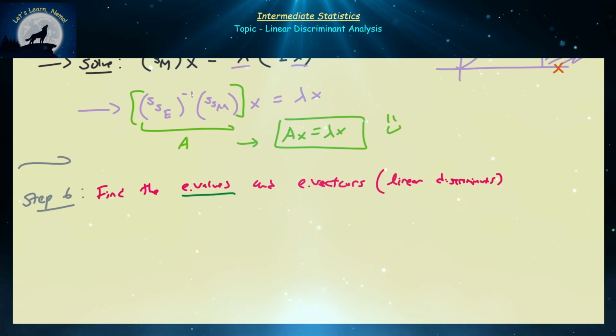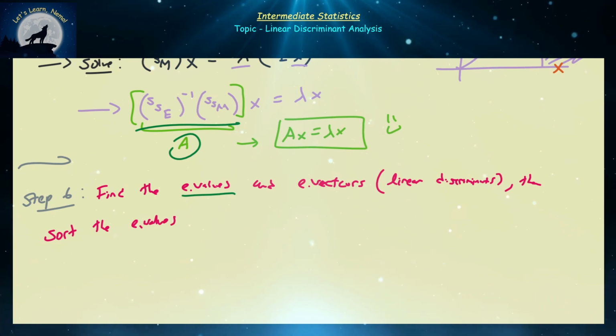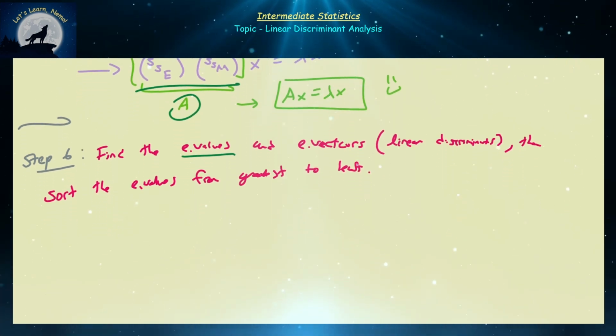So we're going to be looking at the eigenvalues of this matrix A and the eigenvectors associated with those eigenvalues. Once we have those, we're going to sort the eigenvalues from greatest to least, just like we did in PCA, except now we have different eigenvalues.